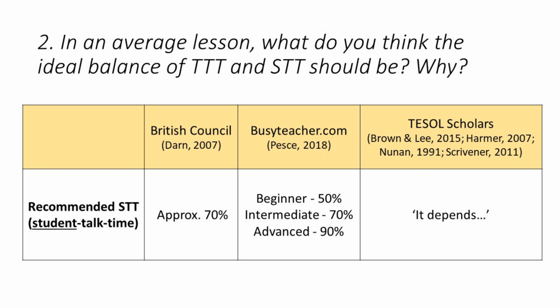The beginners need 50%, and intermediate 70%, and advanced students 90%, according to their website. According to TESOL scholars, from methodological textbooks, the general consensus is that it depends. It depends on the level, it depends on the learners, it depends on the age of the learners and the aims of the lessons. So bear this in mind as we continue with the workshop.